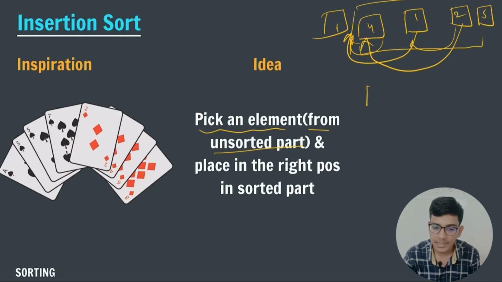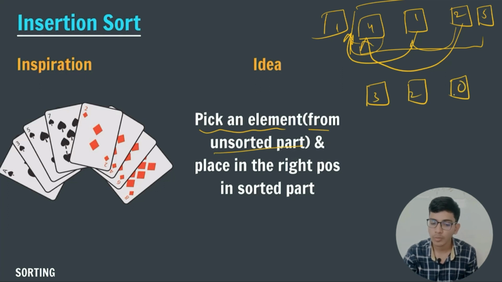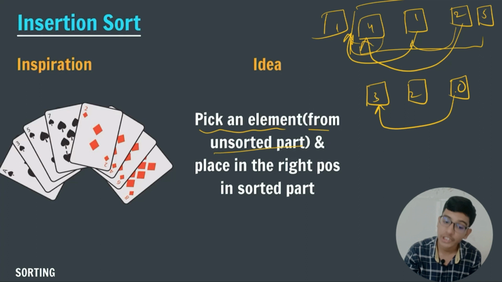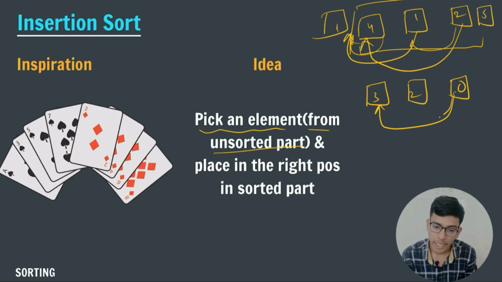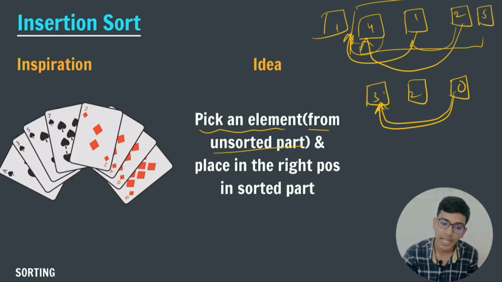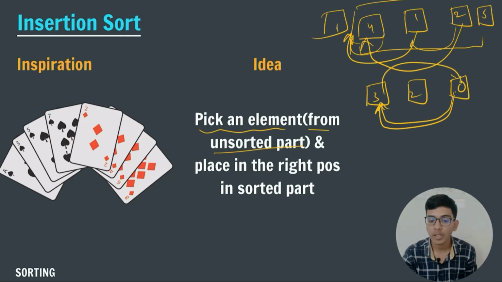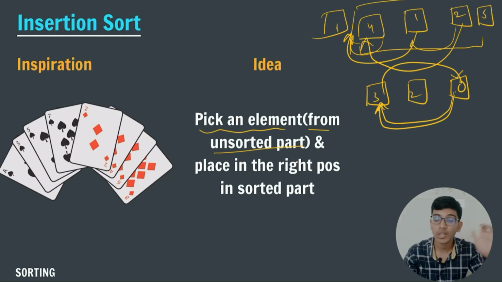Let us consider that these are my cards or elements, whatever you can say: 3, 2 and 0. Here I am going to pick 0, because 0 should be at the first position. So I am changing the position of 0 by just picking it. I will pick 0 and place it at the 0th position, and I will replace the 3 at the third index. Whereas in selection sort, I am taking the least value and putting it towards my first index.